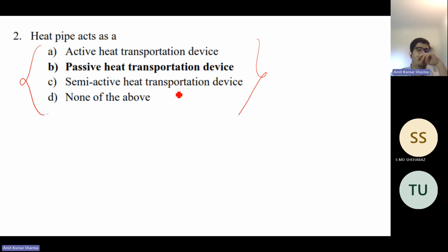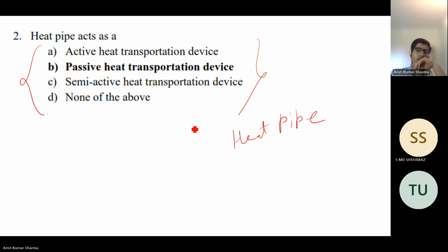Take one more minute to think about it. Suppose in one heat transfer, we have seen we require some power source, and in another heat transfer, we do not require any power source. So in heat pipes, do we require a power source? No, sir.